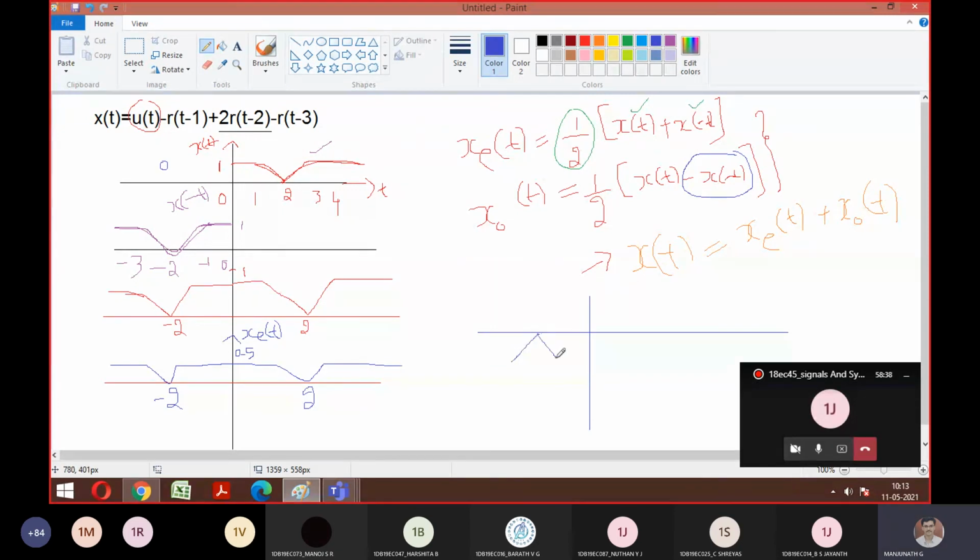So this part has amplitude of -1. Is it like this? Everyone, is it okay? What we did is subtract x of minus t from x of t. Since the amplitude is -1, the signal, how it was for +1, comes to -1. Is it okay, the left hand side? Shall I move on?